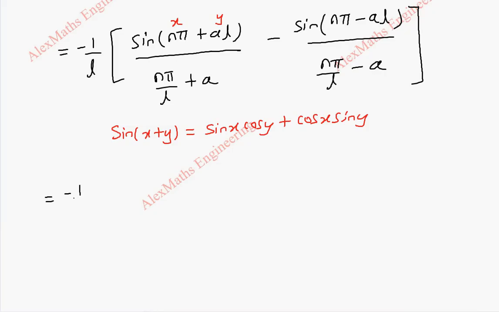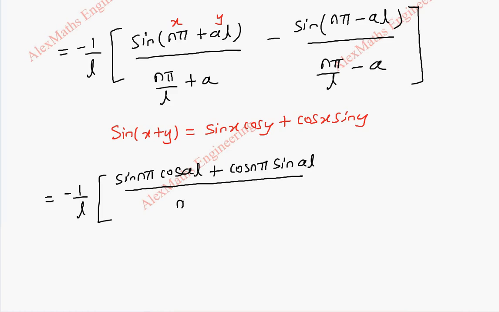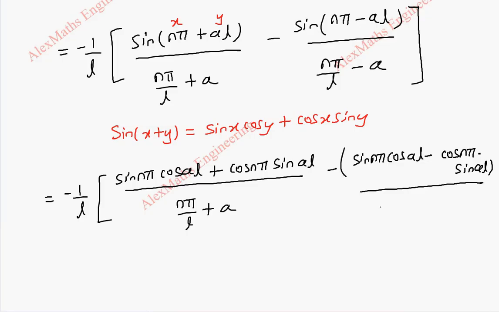So this is minus 1 by L [sin n pi into cos aL plus cos n pi into sin aL] whole divided by (n pi by L plus a). Similarly minus, so here let's open a bracket: sin n pi into cos aL minus cos n pi into sin aL, then for this whole division, we have (n pi by L minus a).